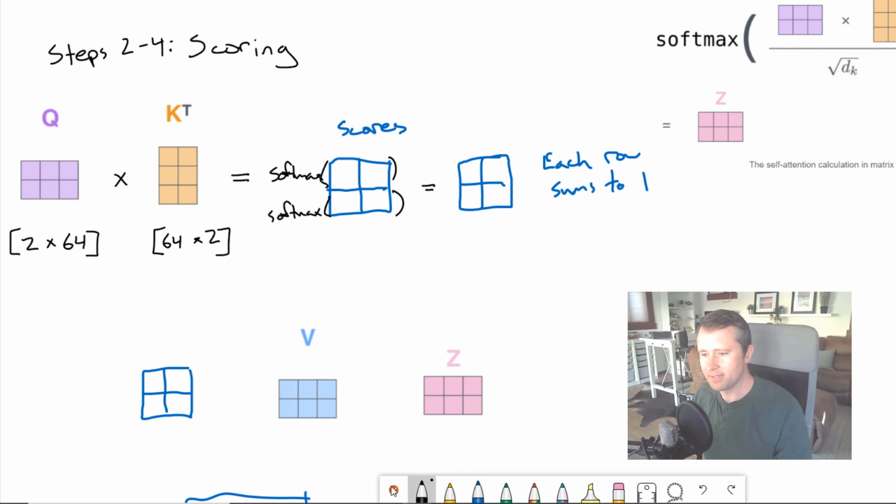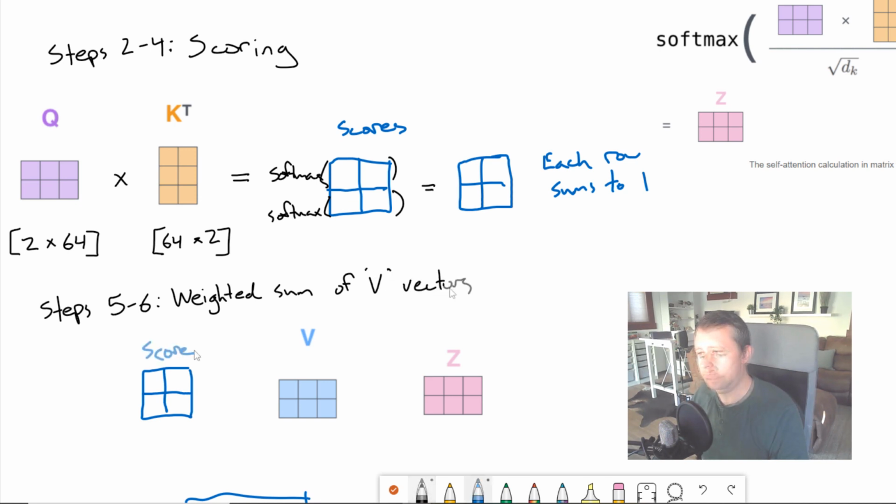And this is steps 5 to 6, which is the weighted sum of the value vectors. So we've got our score matrix. We're going to do multiplication here. And that's going to yield our Z matrix.